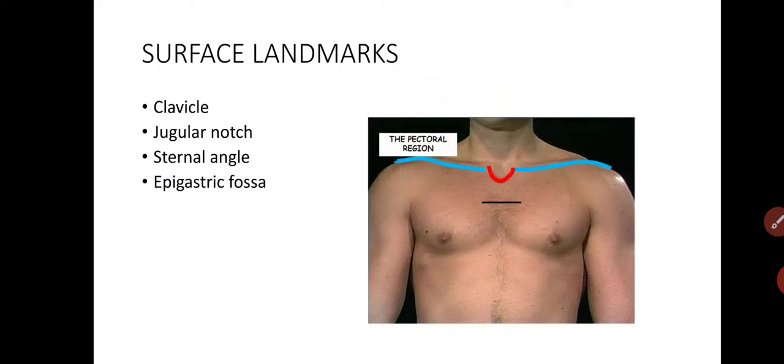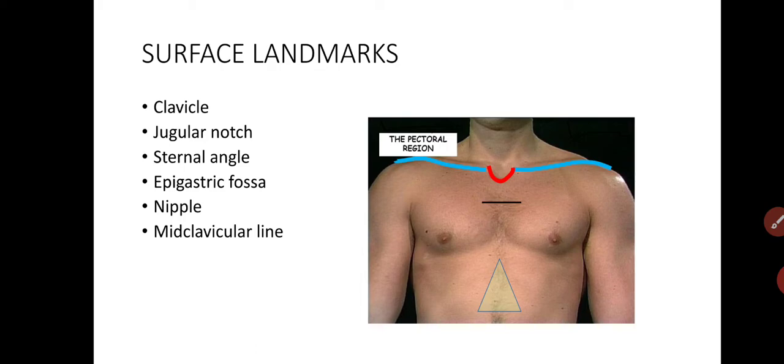Now the epigastric fossa: between the lower border of the thoracic cage is the epigastric fossa. The nipple is present in the fourth costal space just medial to the midclavicular line.